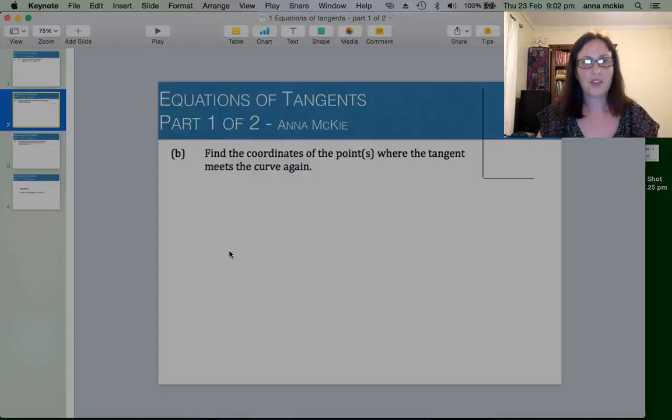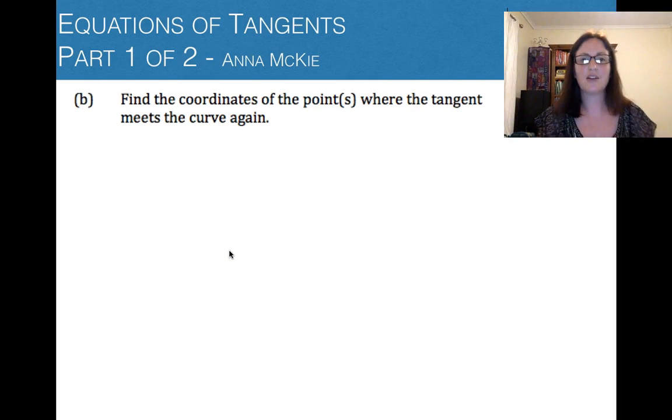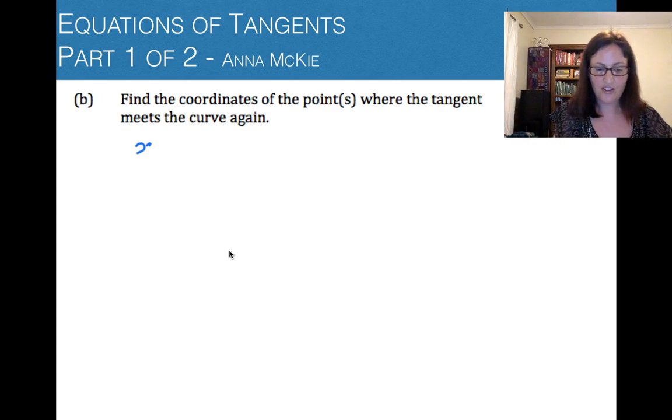Okay. So algebraically, what do we have to do? We're finding when those two functions meet, so where the curve and the line meet. Algebraically, that's where they are equal. So we put those two functions equal to each other. The first function was x cubed, take 5x, take 1.